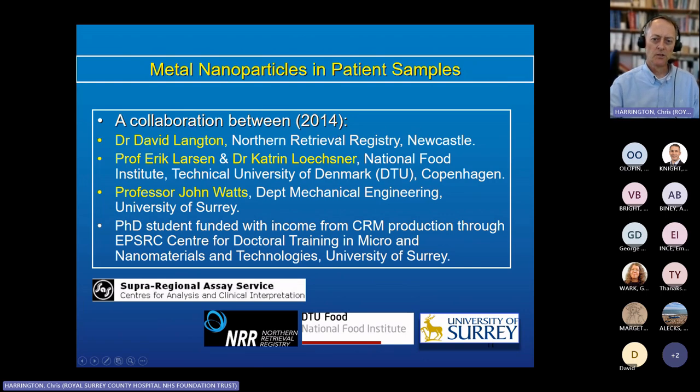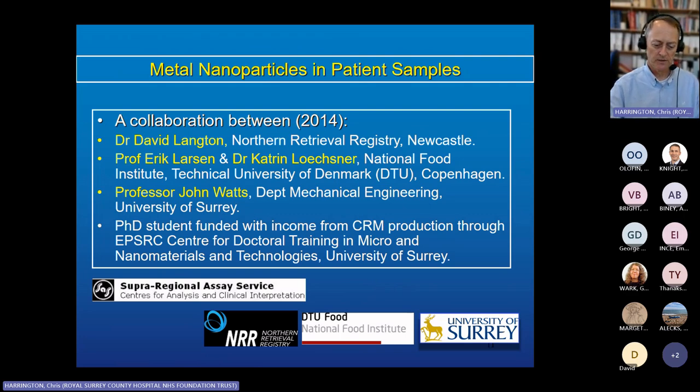And then back in 2014, we started getting interested in these nanoparticles that were produced, these wear particles, and what were they actually doing. Nobody knew at that time what the composition was for them, how many there were, or the size of them.